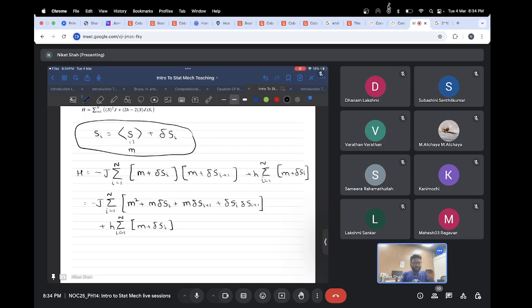For example, I can say that the average field in the lattice is something like 5 microtesla. At an individual lattice point, the fluctuation could be 0.1 microtesla or 0.05 microtesla, something of that order. Small fluctuations above and below the mean field.